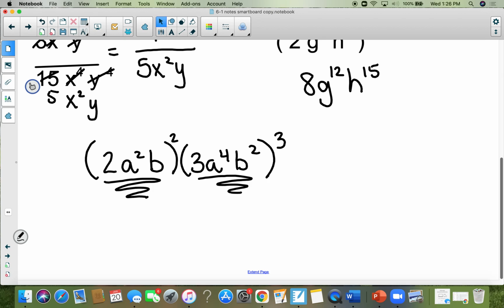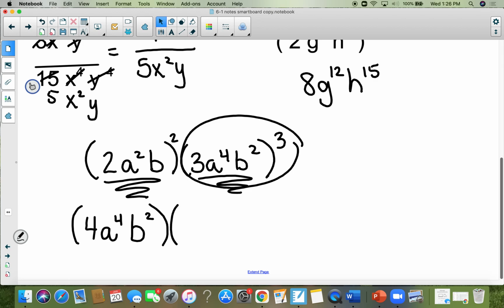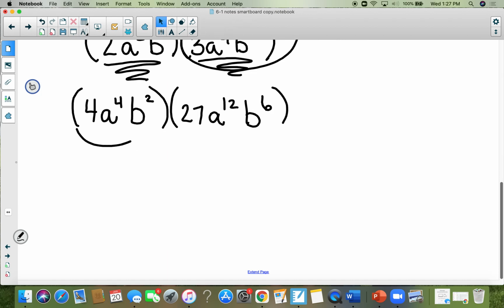So 2 to the second is 4, a to the fourth, and b to the second, because everything inside of there gets raised to the second, and everything inside of this one gets raised to the third. So 3 to the third is 27, a to the 12th you multiply, b to the 6th you multiply. Now we have to put these two together.